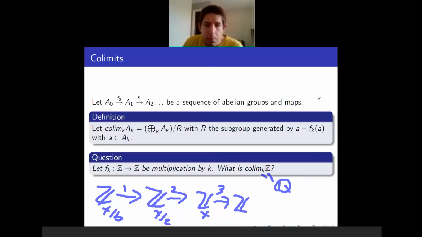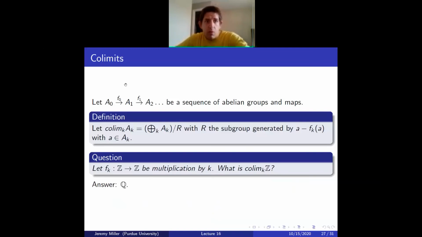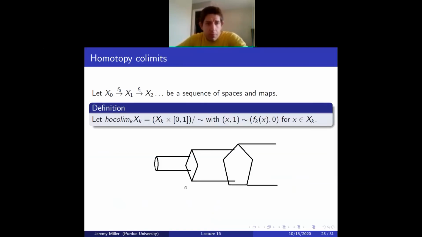Colimits give you models of localization. Here we're inverting multiplication by all the primes, so we're inverting everything, and you get Q. It's not always a localization, but it does give you a way of thinking about localization. Okay, so the answer is Q.